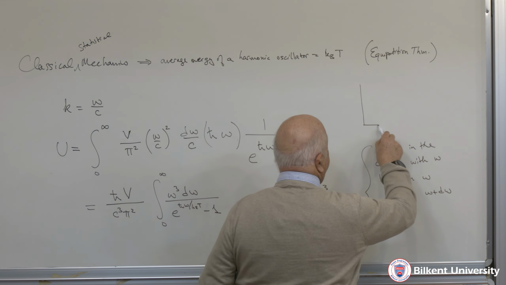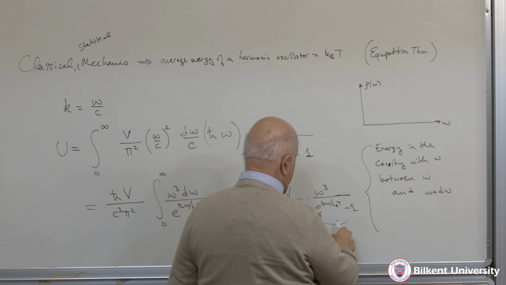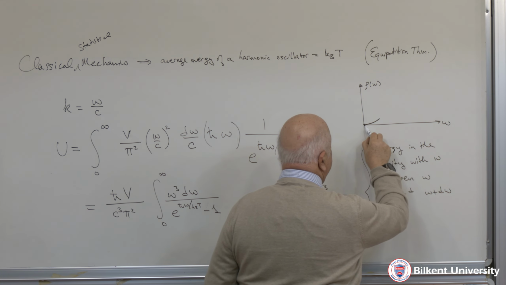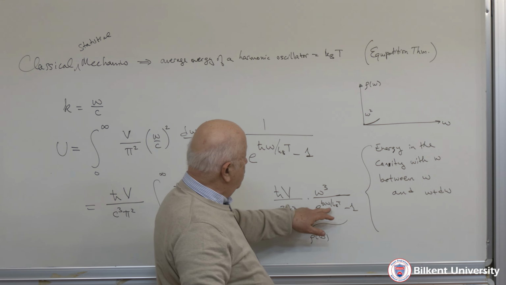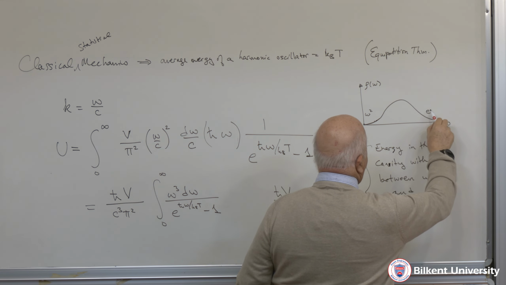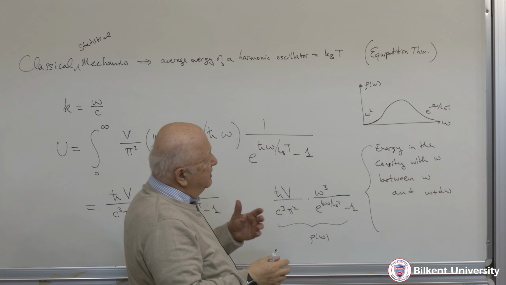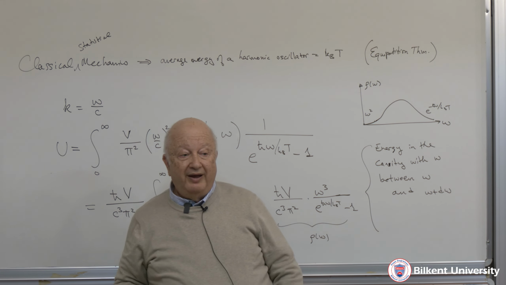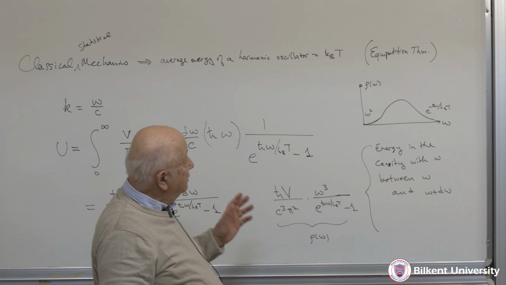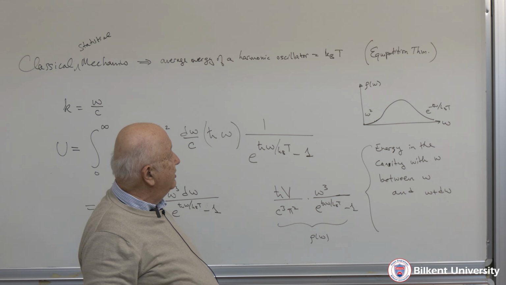So if I call this thing rho omega, it will start quadratically, as omega squared, but as omega becomes larger and larger, it will eventually be killed by e to the minus h bar omega over kBT. This can be plotted in terms of the wavelength lambda, which sometimes is more useful because experimentally people want to use the wavelength rather than the frequency. But it has a shape which goes like this.